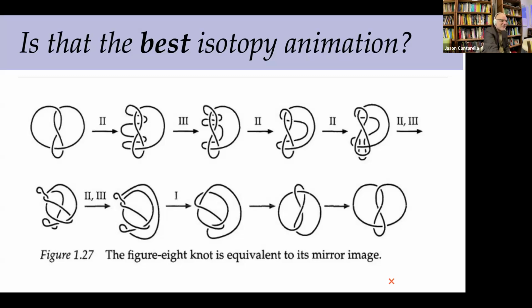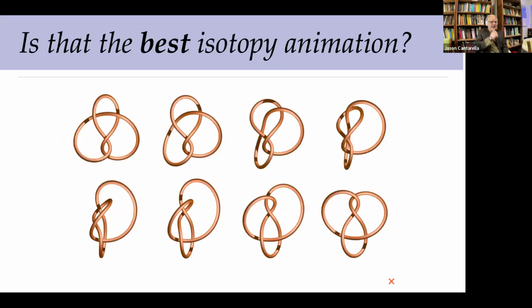Well, the best path is the shortest in some metric. And here's a shortest path done by Schumacher and his collaborators in a metric they invented. They came up with a metric on embedded curves where the non-embedded curves were pushed off to infinity, so you would never go there.